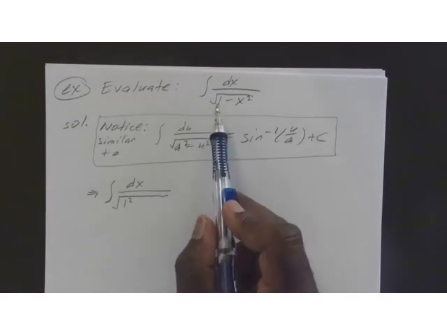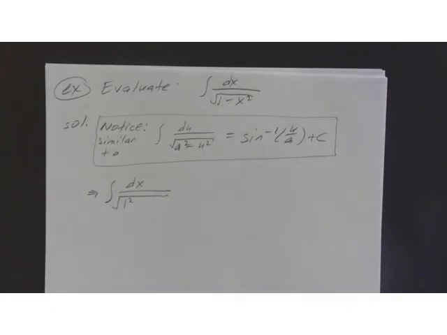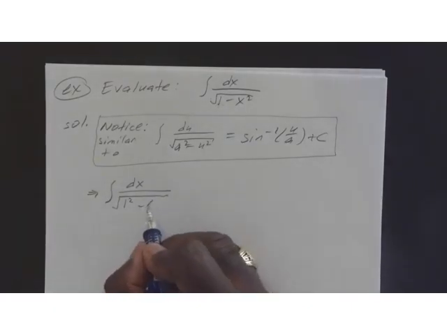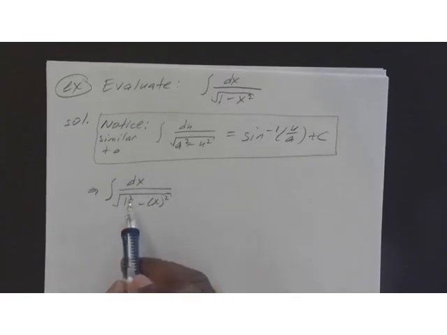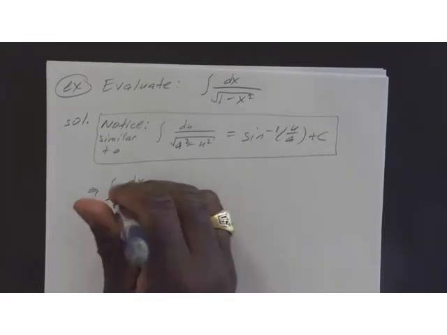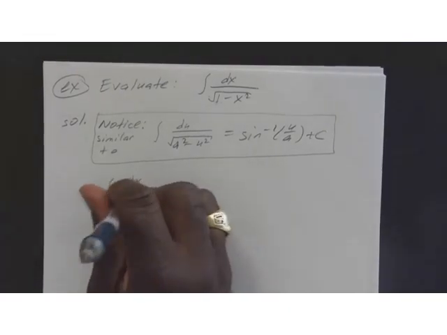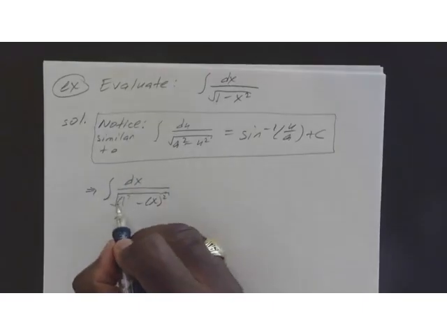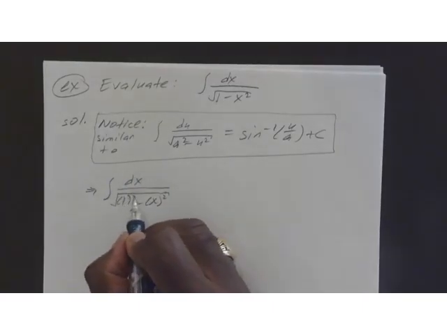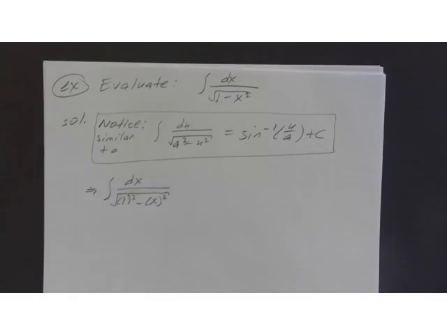So we want to rewrite that as some value squared minus our x squared. You don't have to use the parentheses, I just like to do that. I'll do the same thing with the 1. So 1 squared.